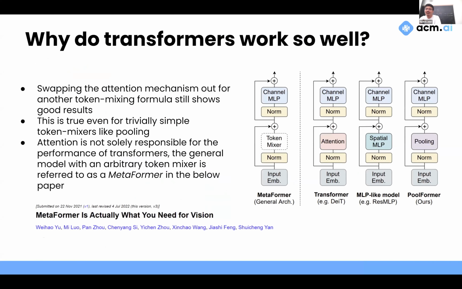Why do they do so well? This entire thing I said about self-attention isn't even that great of a thing. We learned that you can replace the self-attention with averaging all of the ones around you, and it still does well. The abstraction we realize is the main thing which makes transformers good is the idea of mixing.